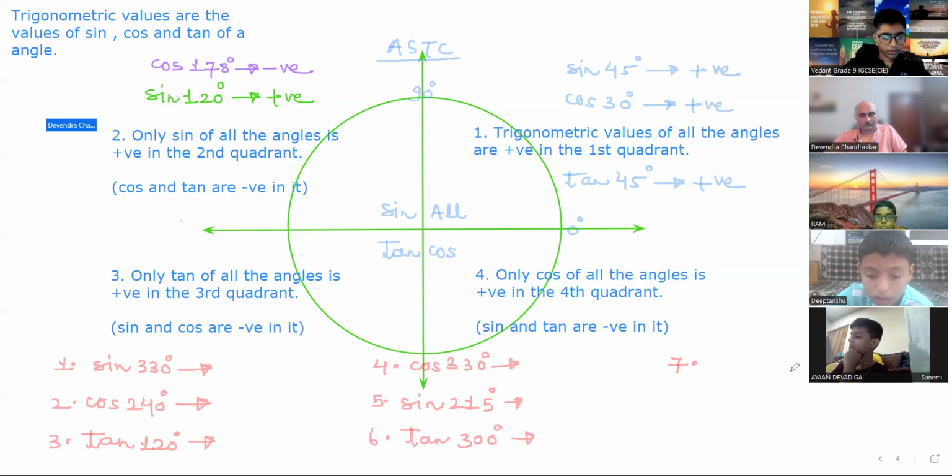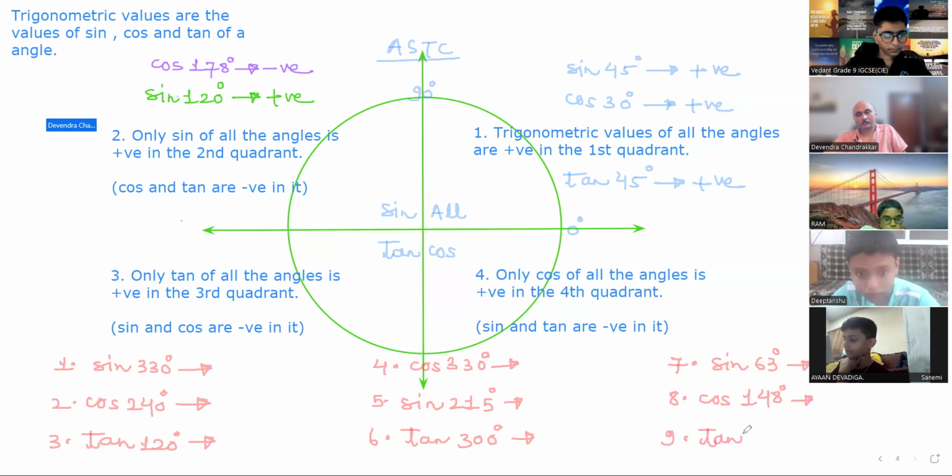Seventh is sine 63 degrees, cos 148 degrees, tan 240 degrees. And the last one, the 10th, is let's say sine of 315 degrees.